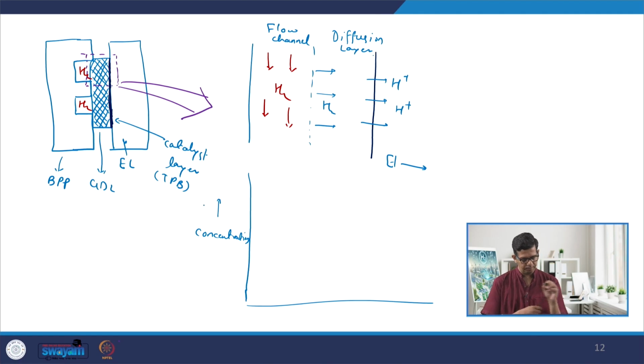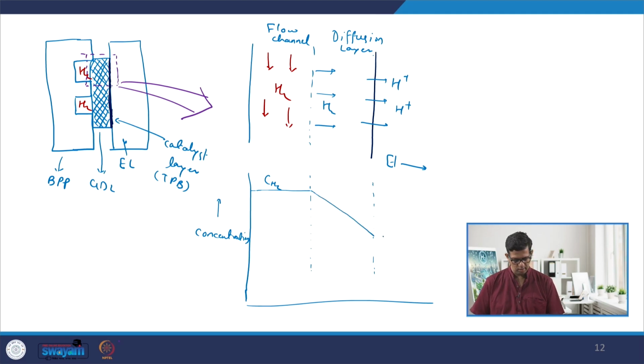And so, let us draw these lines. So, what is happening is this is the concentration of hydrogen, it is the bulk concentration, and as and when this hydrogen enters the diffusion layer through diffusion, the concentration will decrease because we are drawing some current.